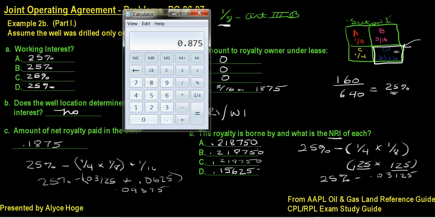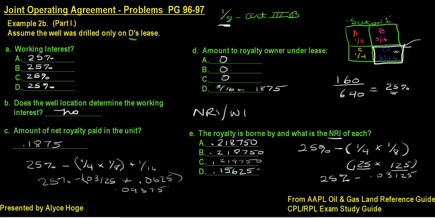I've actually never seen lower than 78. So that's a pretty good return that they're getting. So we'll put 0.875 as their effective net revenue interest, and that's going to be the same for each of these guys.